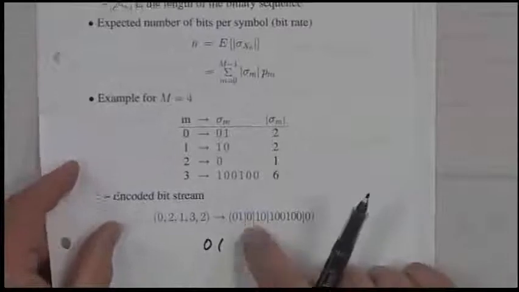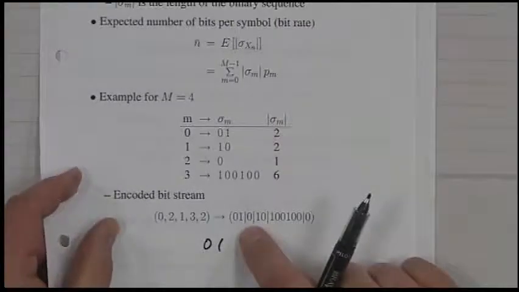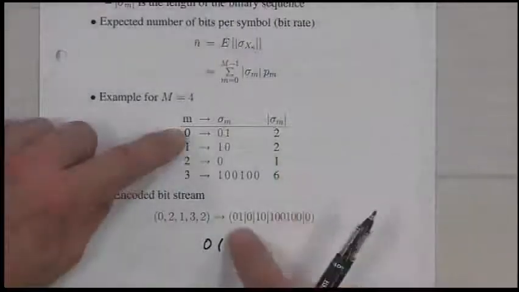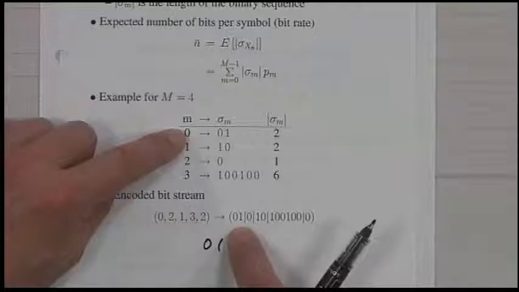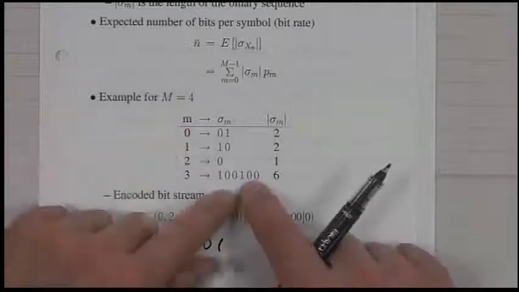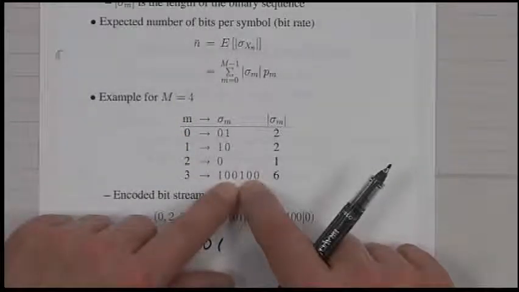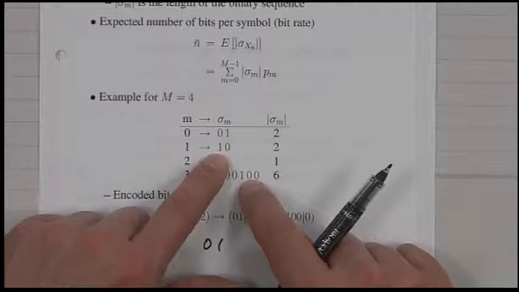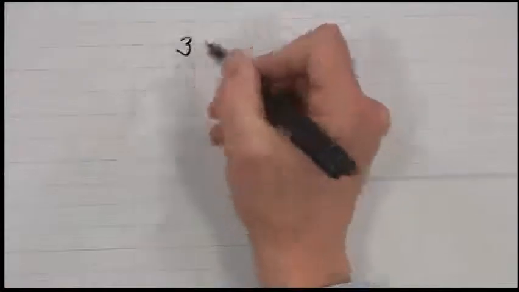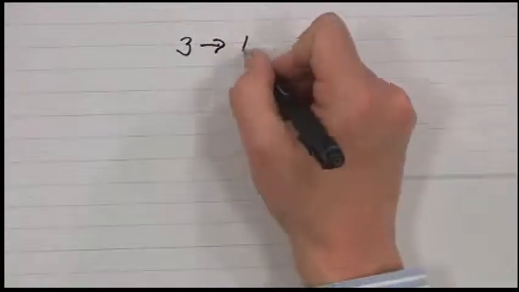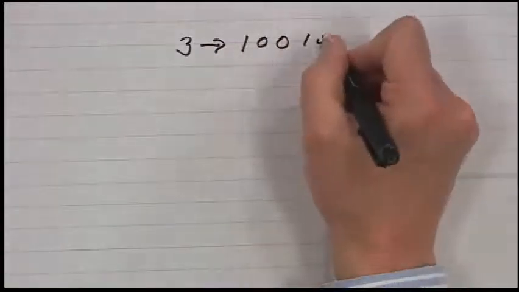So what happens is, you may have already noticed there's a problem, because when you go to decode this, you're going to have problems. Even the symbol 3 here goes to 1, 0, 0, 1, 0, 0.